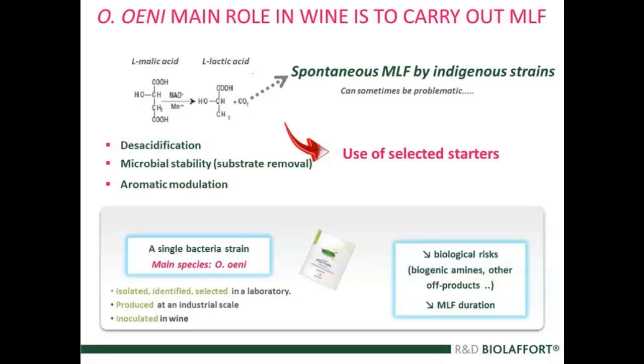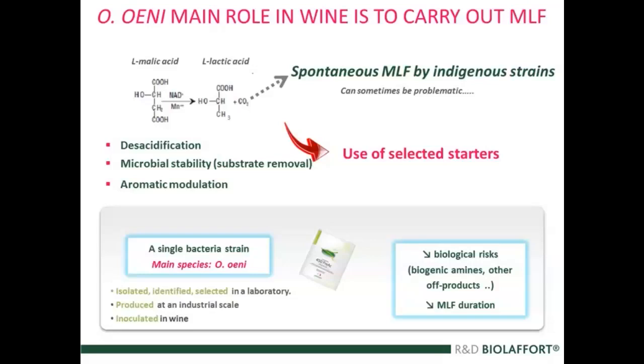You can sometimes find some starters composed of Lactobacillus plantarum, but very rarely. And usually it's one species and one strain that is isolated, identified, and selected in the laboratory, and then produced at an industrial scale and inoculated in wine.